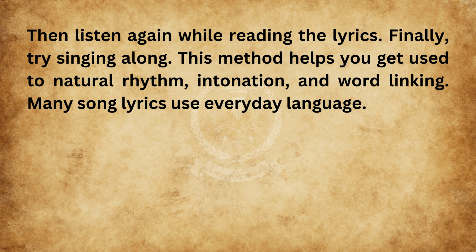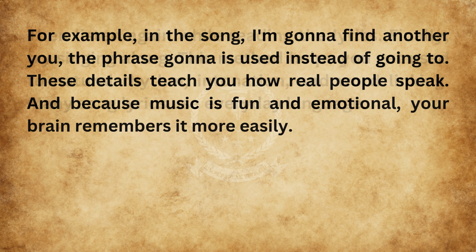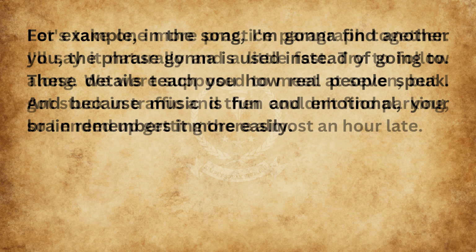Many song lyrics use everyday language. For example, in the song, "I'm gonna find another you," the phrase gonna is used instead of going to. These details teach you how real people speak. And because music is fun and emotional, your brain remembers it more easily.